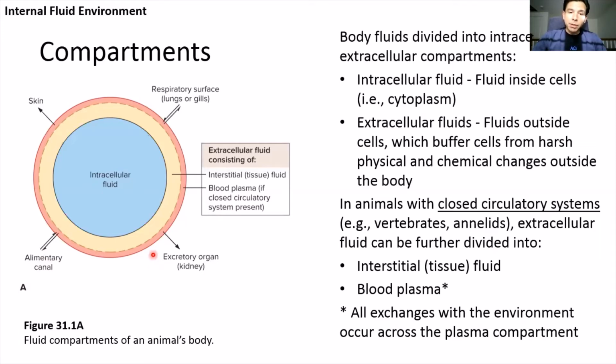Similarly, it is the blood plasma as it gets filtered in the kidney where the excretory wastes that are in the blood plasma will be transferred out of the blood plasma and be concentrated in the bladder for elimination as urine. So all exchanges with the environment occur across the blood plasma.